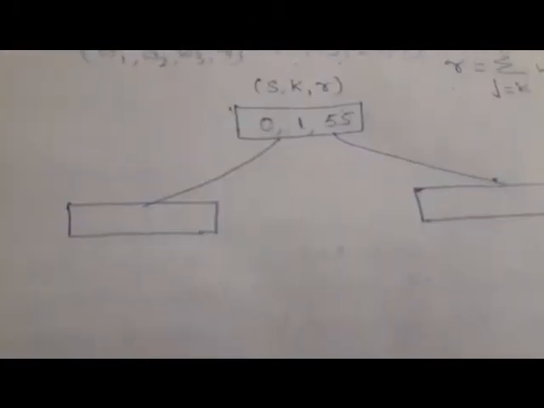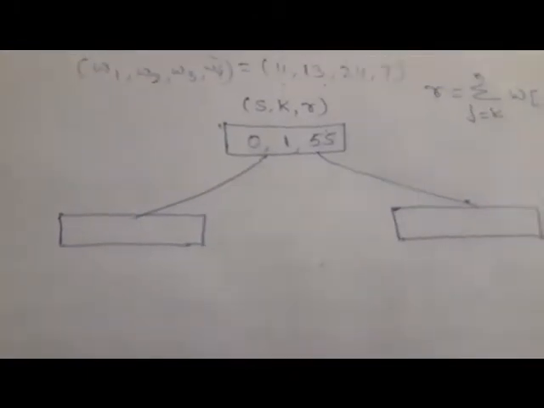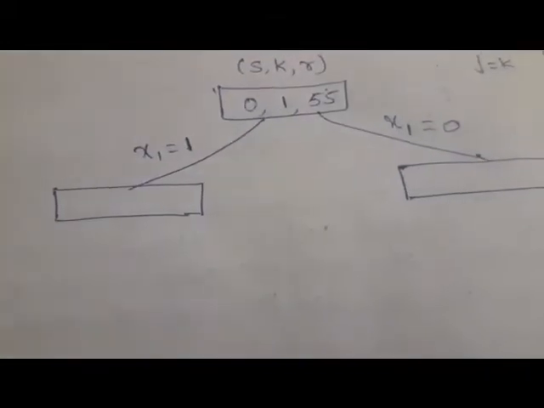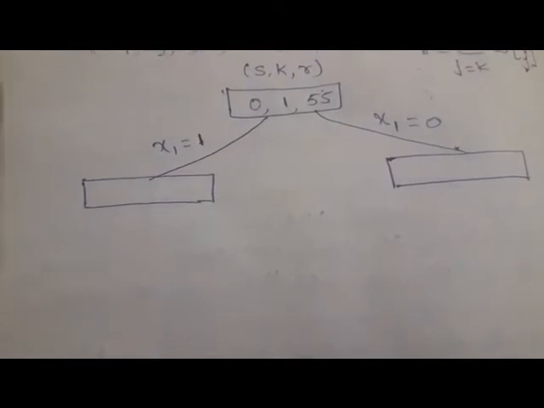Therefore, its left child has x1 equal to 1, which means w1 is selected or chosen, and for the edge x1 equal to 0, the first weight is not selected.